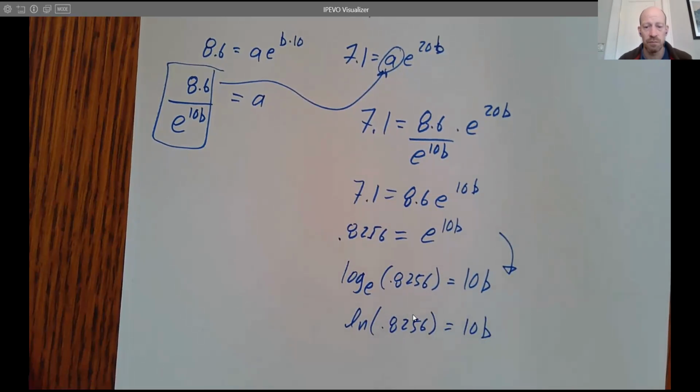And that's a number, right? So that's another calculator question. If I want to estimate that, I can just put that into my calculator. Natural log of 0.8256.